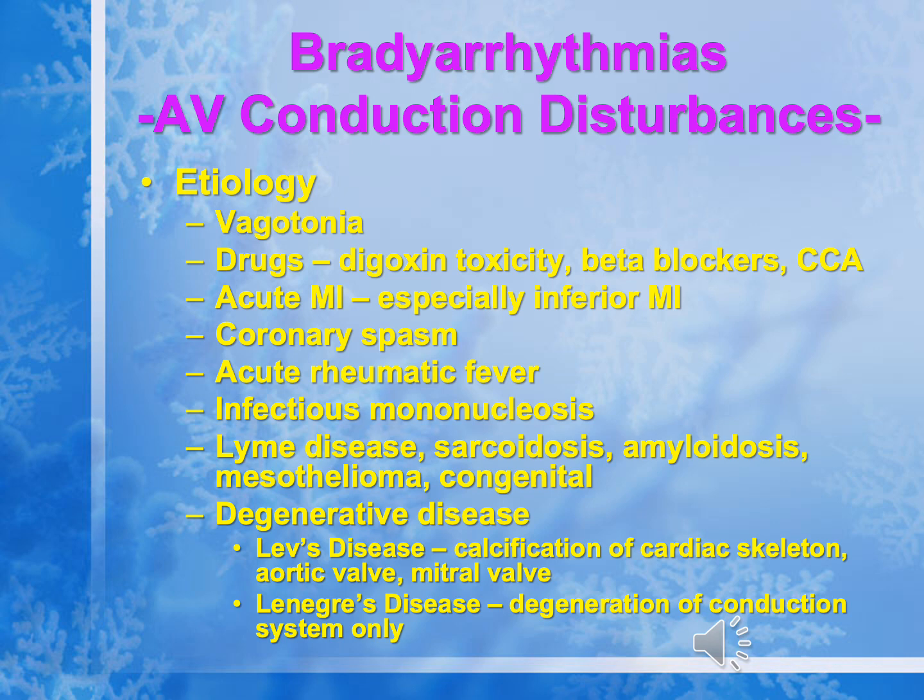Two types of degenerative disease, that is Lev's disease and Lenegre's disease, have been identified where the conductive system undergoes calcification or degeneration of the conductive system. Lev's disease is more commonly associated also with aortic valve and mitral valve calcifications.